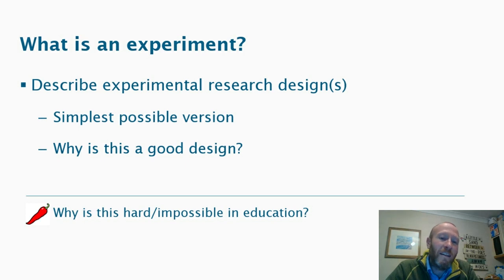And it's really difficult to do in education, because trying to keep everything the same is virtually impossible. If you just think about the different classes and children that you teach, they're not all the same, are they? And you can get around that to some extent by having very large groups of children or groups of classes or groups of schools, so that you think that the differences between them kind of all come out in the wash.